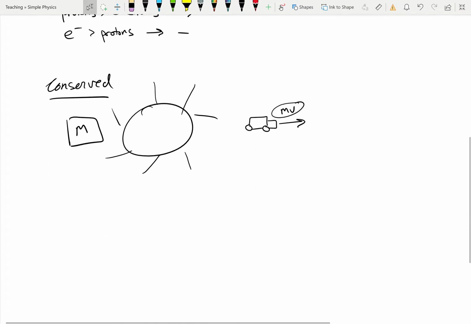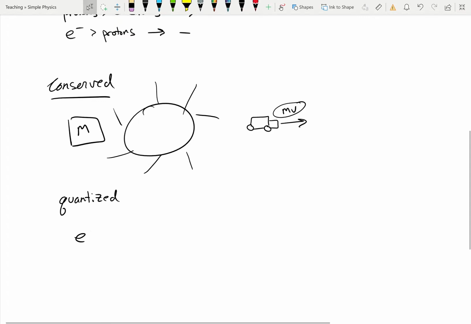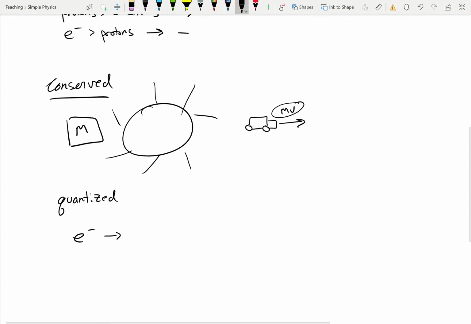So charge is also quantized, which means that you can only break it down so far. It has a minimum value that it can be. And the charge on one electron is that value, and it is 1.61 times 10 to the negative 19th coulombs, which is also the charge on a proton, except that's positive.